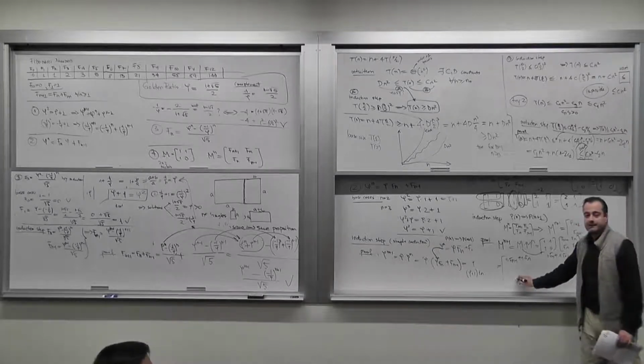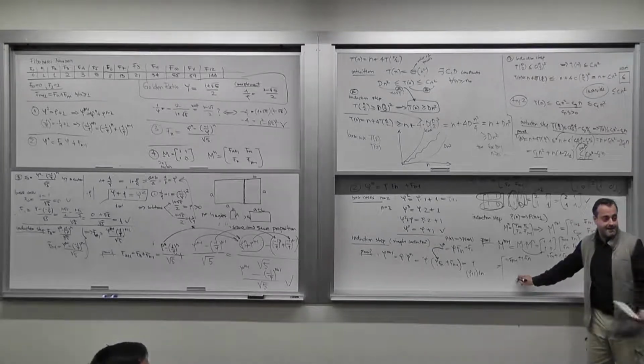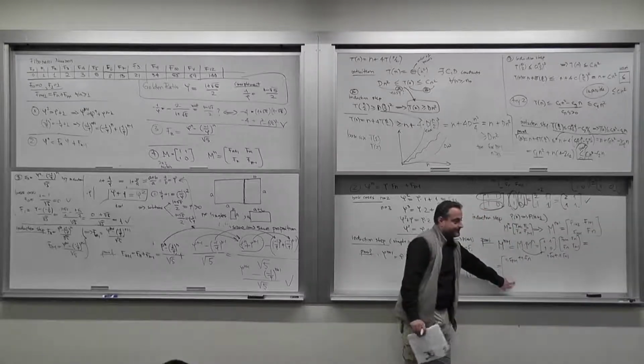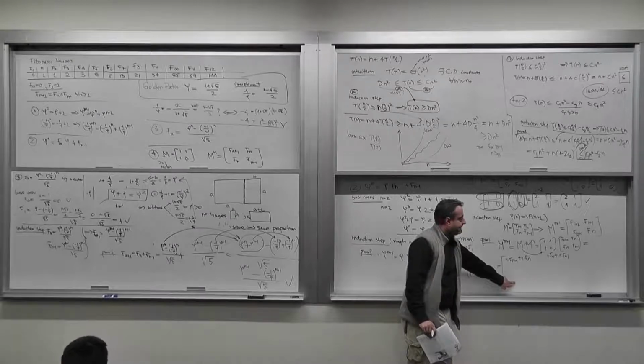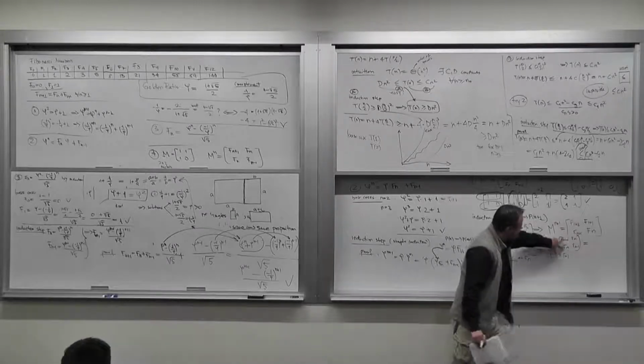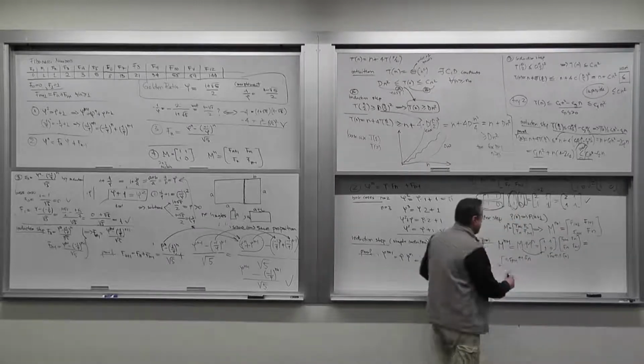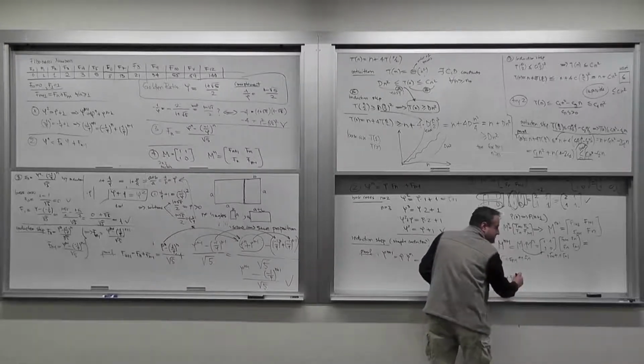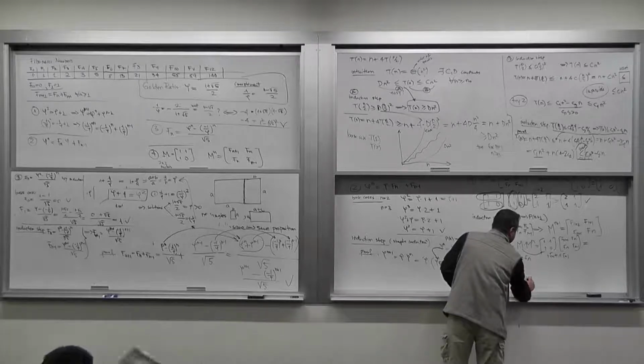How about this one? Second row times the first column. Second row is 1, 0, so it's 1 times F(n+1) plus 0 times F(n).